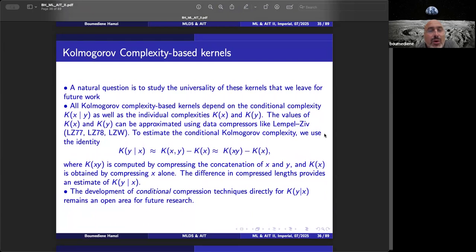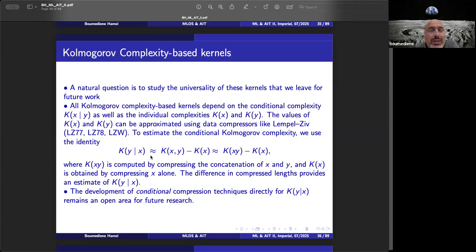That is still an open work. And also, as we saw a few times in this conference, the chain rule. Here the way we approximate K(Y given X) is by considering K(X, Y) minus K(X), approximated by K of the X, Y concatenation minus K(X).